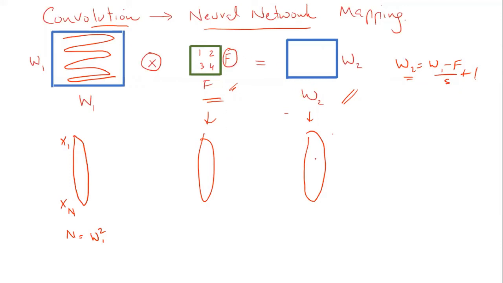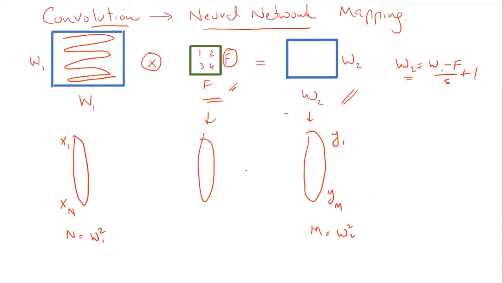Now, the output is clearly what? This is going to be the output, right? So this would be Y1 to, let's say, YM. And M would be what? The output layer would be W2 squared.